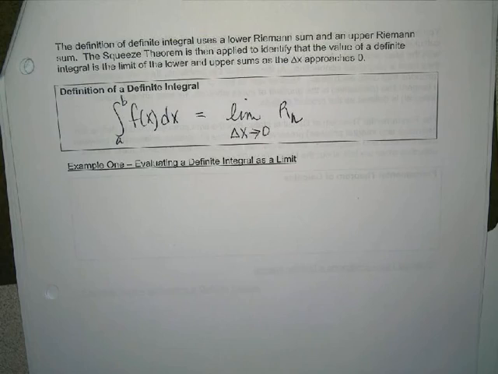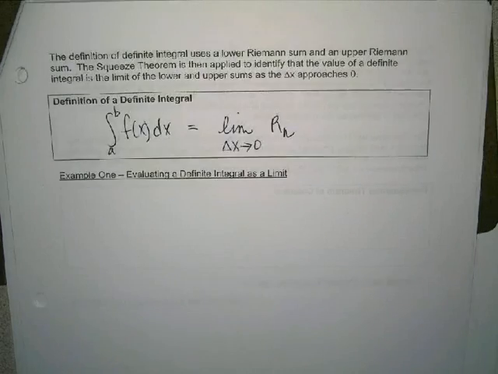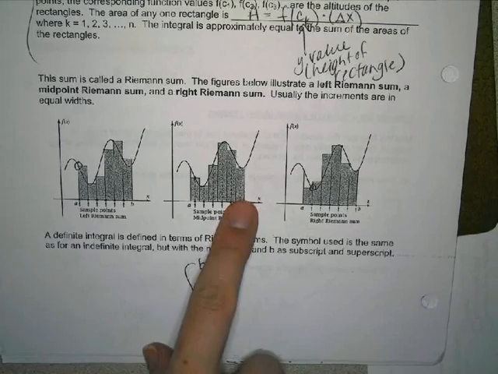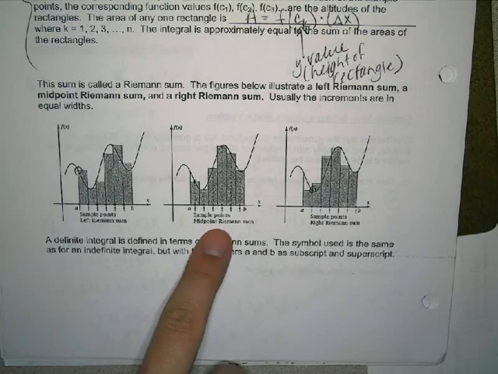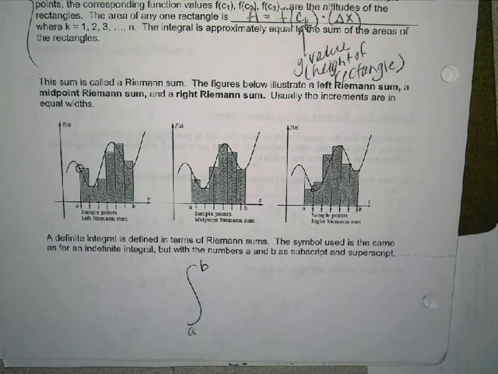Now, change in x referred to what with each of these triangles or rectangles? The width. So it's saying as the width gets smaller and smaller and smaller, what's happening with my rectangles? There are more rectangles.